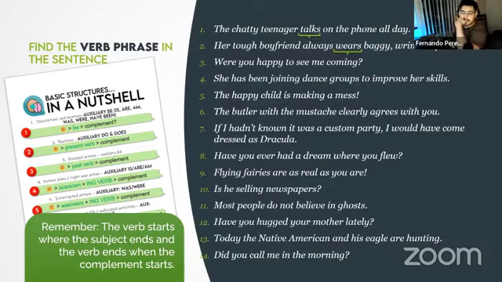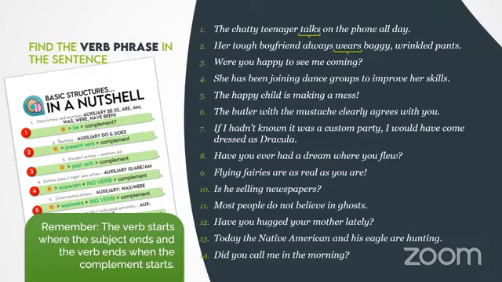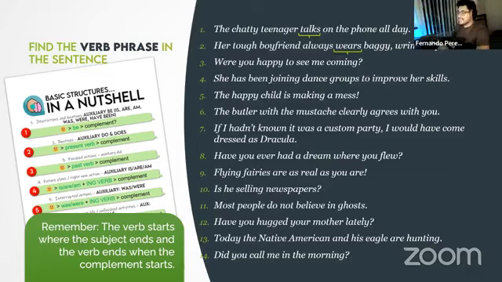Nice. Remember, the verb is a unit. There is no such thing as one verb and two verbs. It's a unit altogether. Okay, we're happy. That's incorrect. Happy is an adjective.